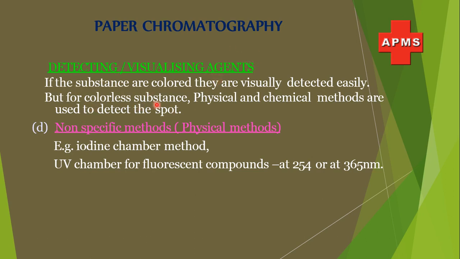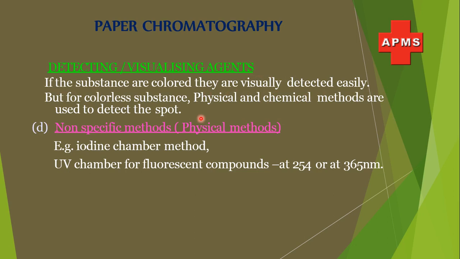But if the sample components are colorless, then some physical and chemical methods are required to detect these spots, because after completion of the experiment and drying the chromatogram, some or all of the sample component spots could not be easily visible because they could be colorless.